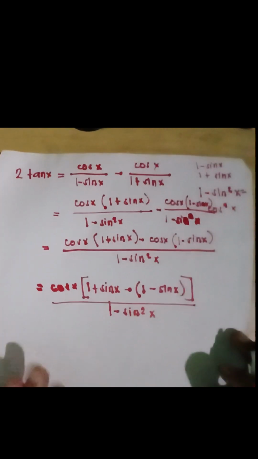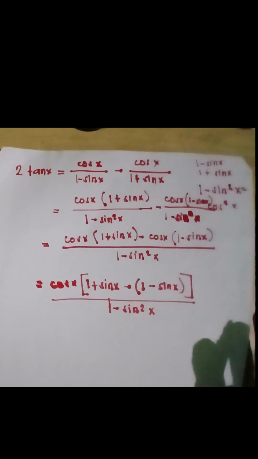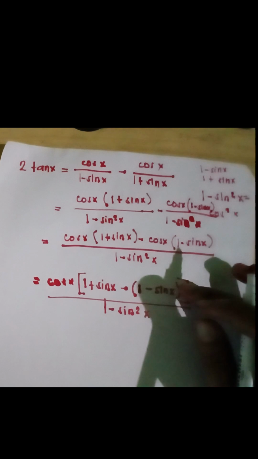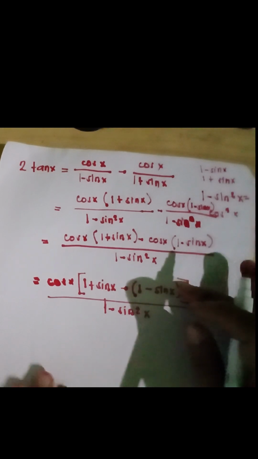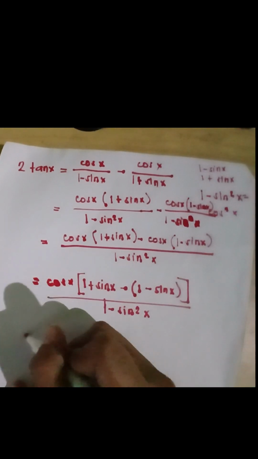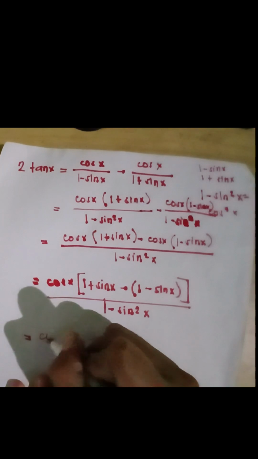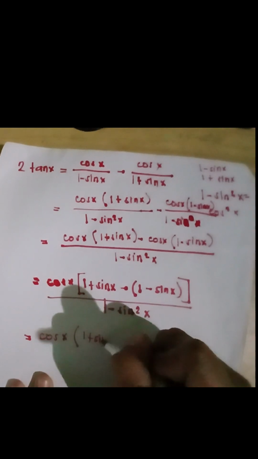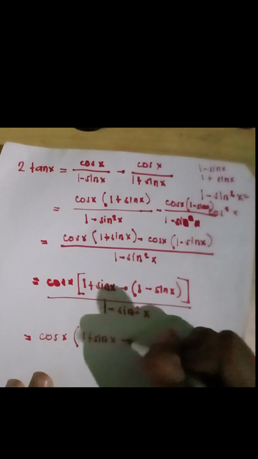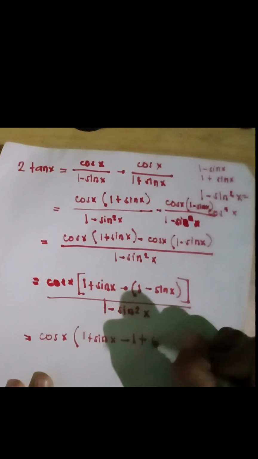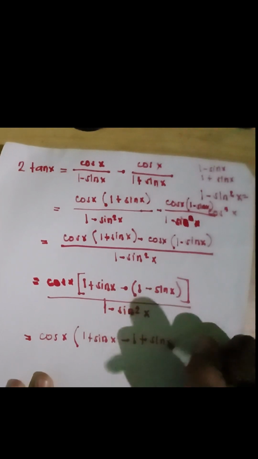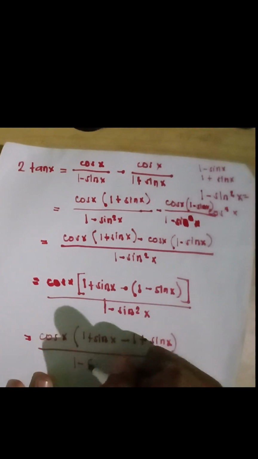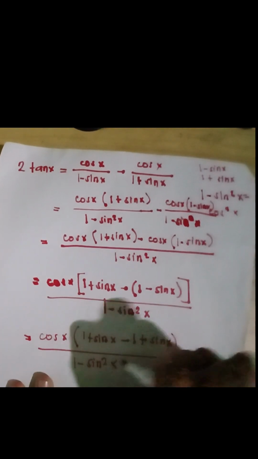Now, let's distribute the negative sign. So, this is going to be cosine x times (1 plus sine x minus 1 plus sine x) over 1 minus sine squared x.